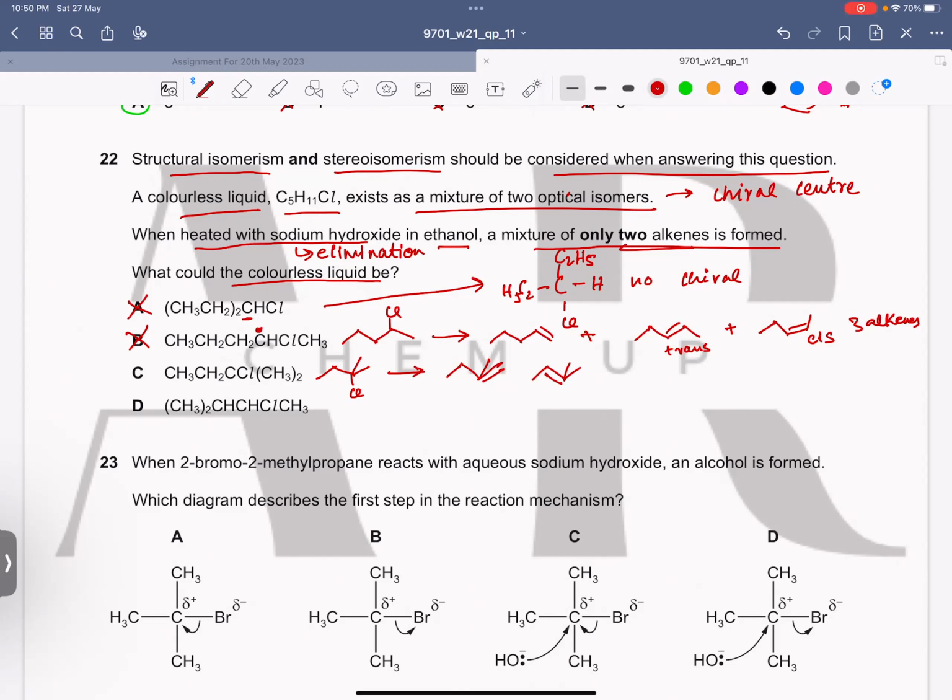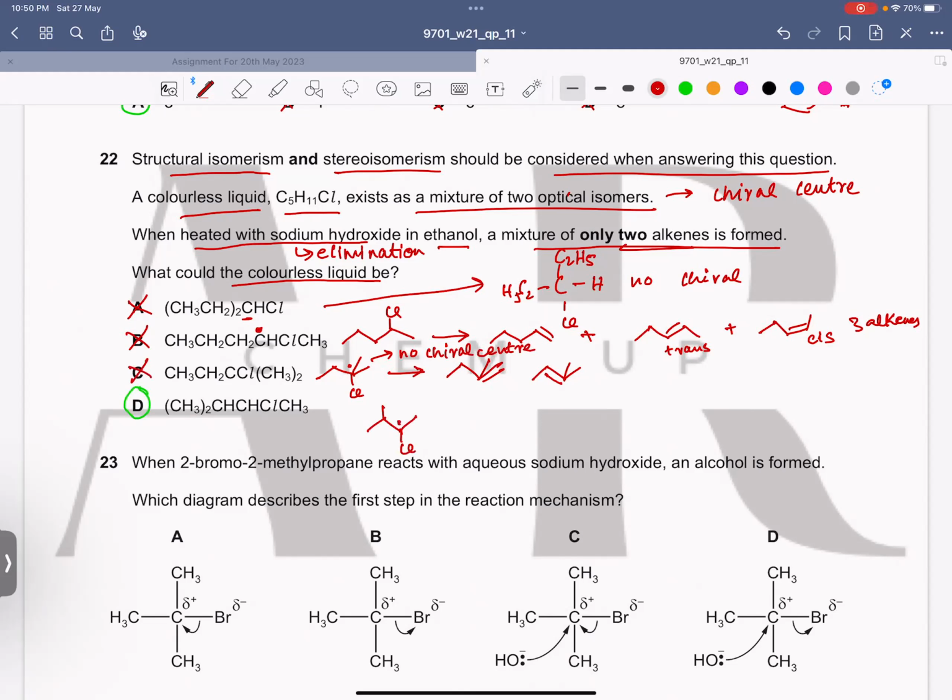But there is one more thing. Again, there is no chiral center over here. I initially overlooked it, sorry. No chiral center. So there would be no optical isomers. So C goes wrong as well. If C goes wrong, B goes wrong, and A is also wrong, then D is your correct answer. If you look over here, there is 1, 2, 3, 4, and there is a chlorine over here.